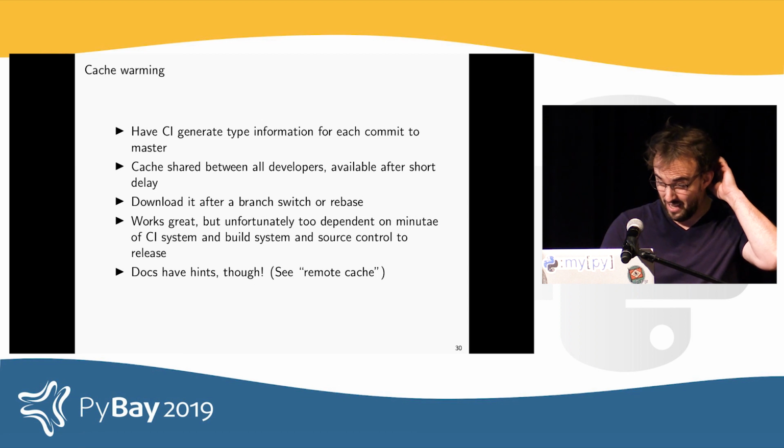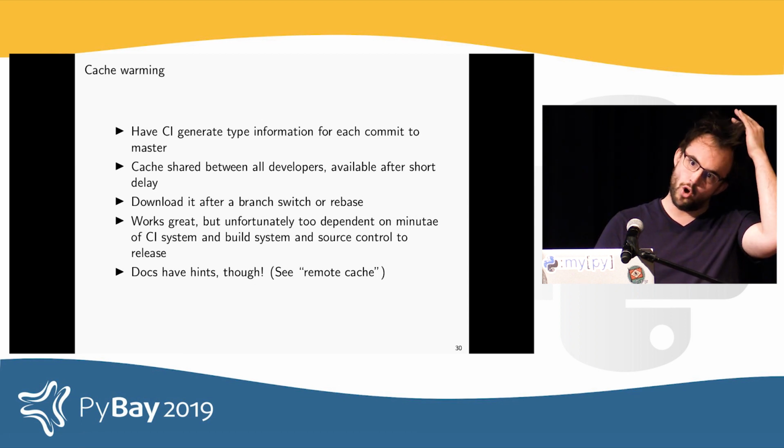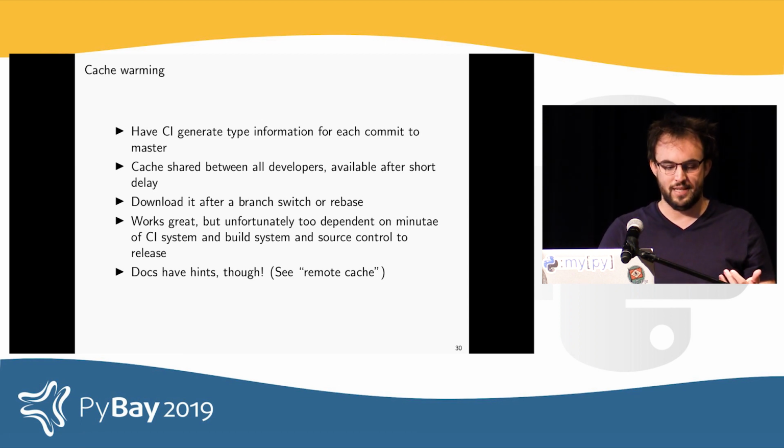This works great. Unfortunately, it's not open source. And it's not open source because there are any secrets. It's like 100 lines of Python and 50 lines of Bash or something. It works great, but it's unfortunately sort of too dependent on the minutia of the CI system and the build system and the source control to be code that can be released nicely, right? So it's going to be different with every sort of combination of systems.